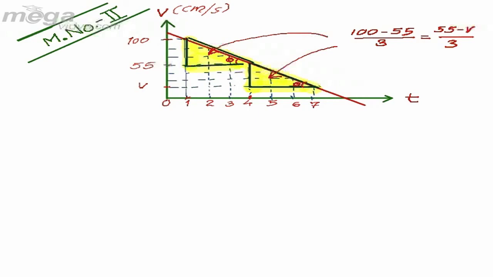So by equating these two triangles, using the property of similar triangles, we can easily cancel the 3 with this 3, and finally we find v to be 10 centimeter per second.